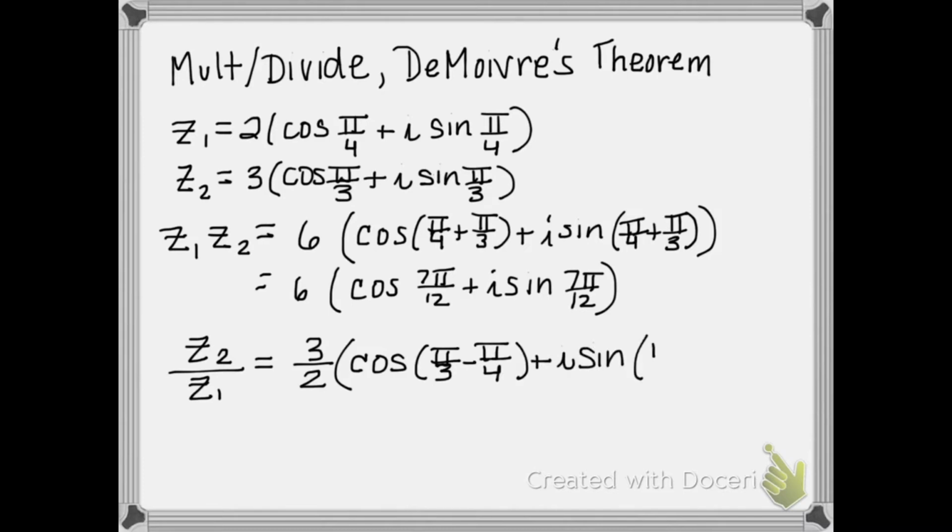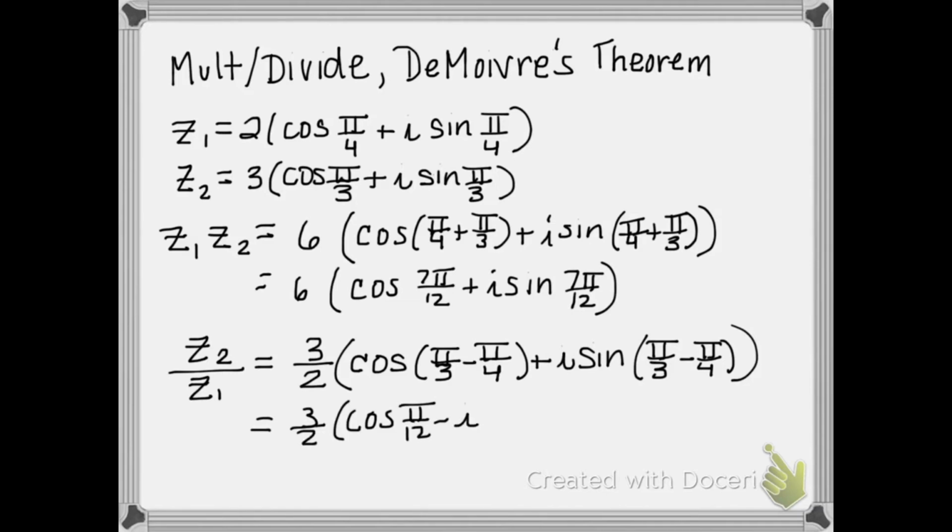And then we'll get the common denominator and combine those. Pi over 3 minus pi over 4, that's 4 pi over 12 minus 3 pi over 12, so pi over 12, right? And that is that.